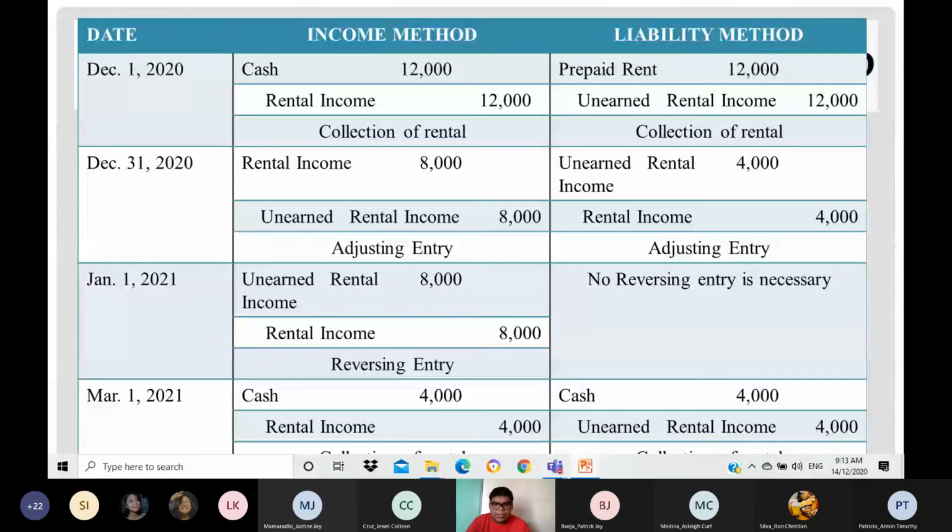That is the reversing. When March comes, you collect cash again. Debit cash, 4,000, and credit that to rental income, 4,000. Hence, there is collection of rental.